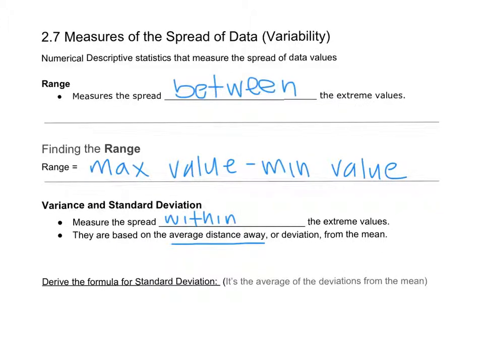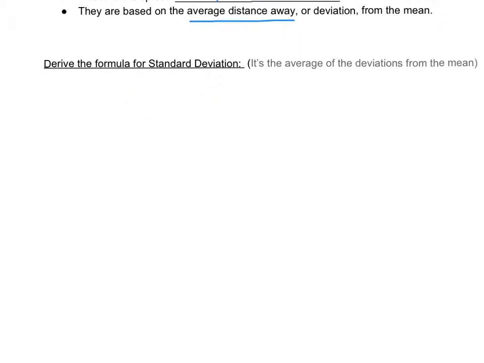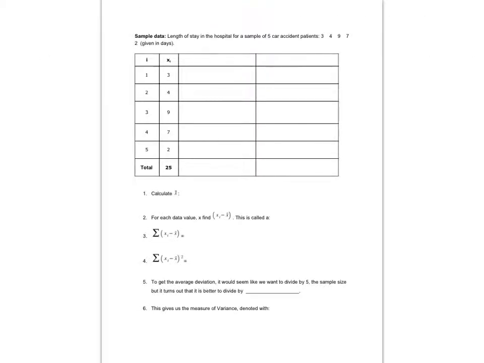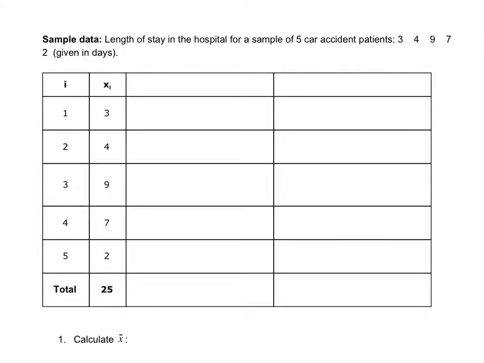So we're going to actually derive a formula to find the standard deviation. Here is some sample data. It gives us a sample of 5 car accident patients and the number of days they spent in the hospital recovering.